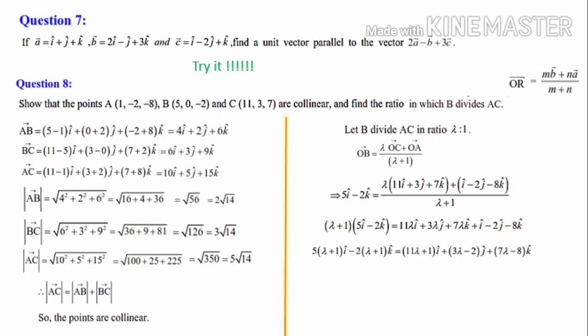Just to go through the calculation again, here 5 into lambda plus 1 into i cap.